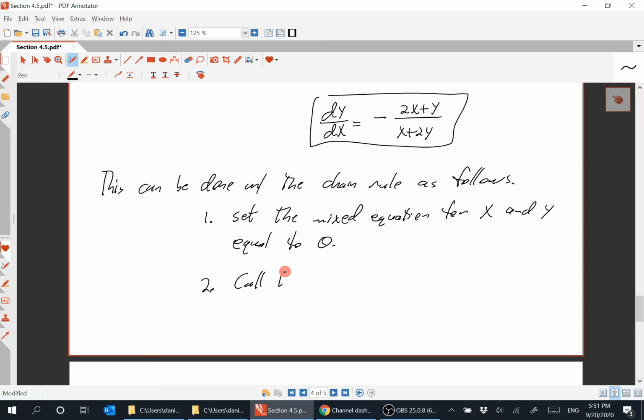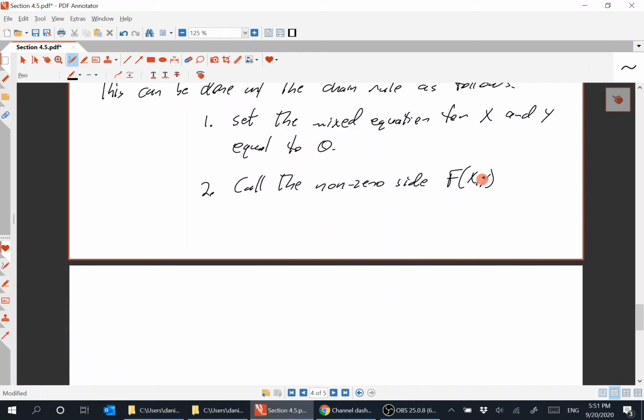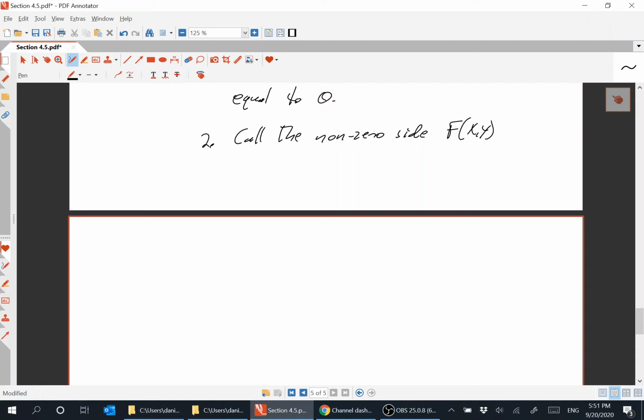Call the non-zero side f of x, y, just some big old function. We'll call it z of x, y. So now we have z on the top. z is a function of x and y. x is a function of itself, and y is implicitly a function of x.